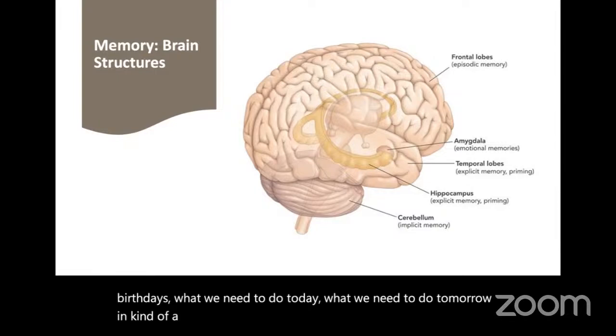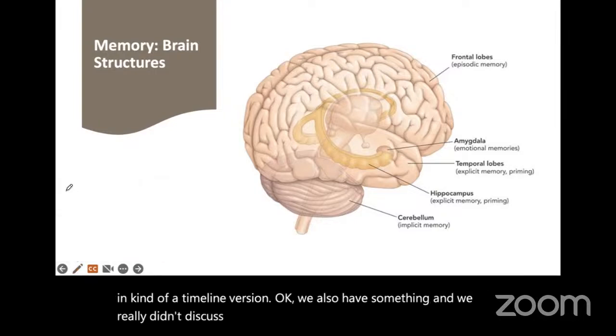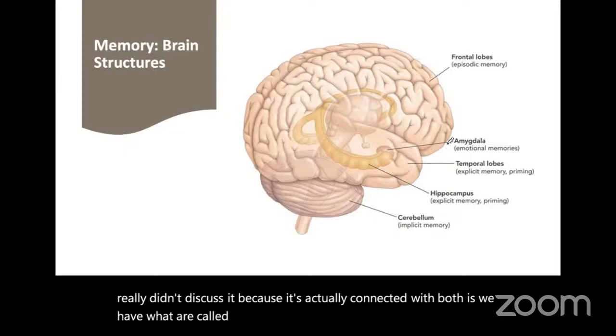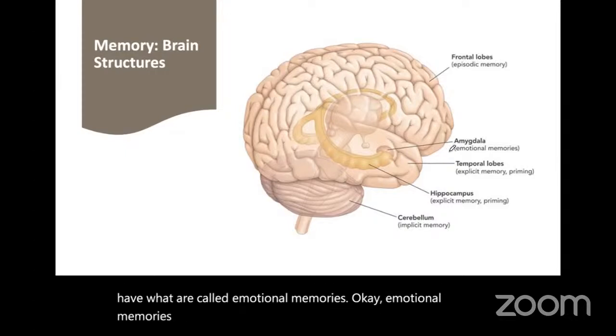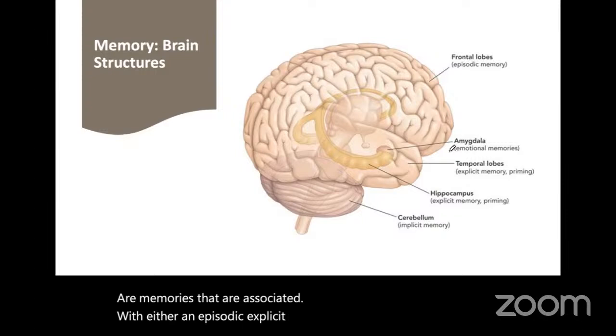So remembering our birthdays, what we need to do today, what we need to do tomorrow in kind of a timeline version, okay? We also have something we really didn't discuss because it's actually connected with both: what are called emotional memories, okay? Emotional memories are memories that are associated with either an episodic, explicit, or implicit memory, okay?